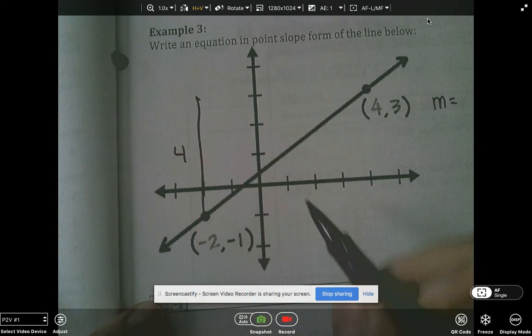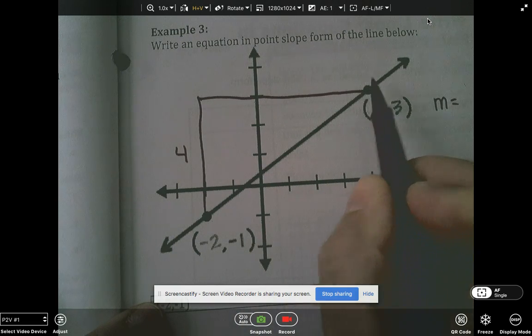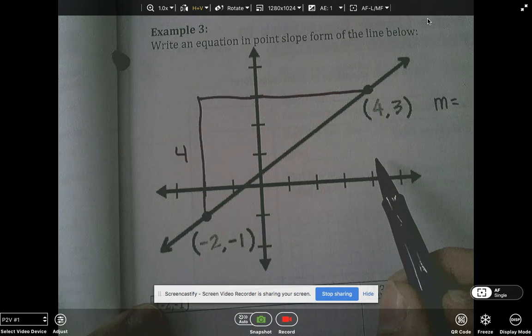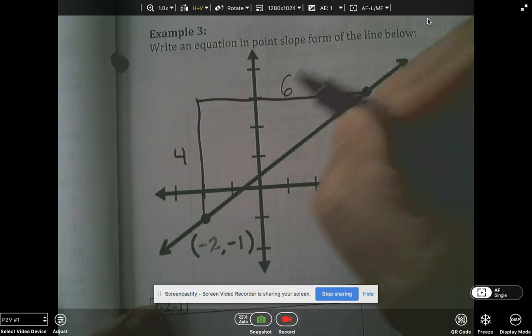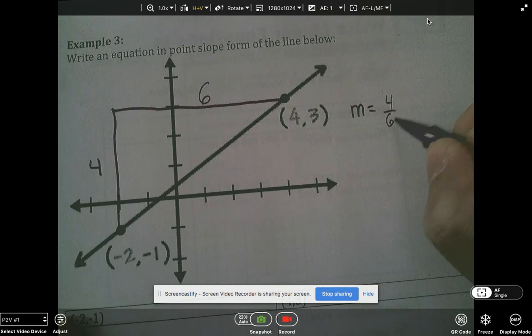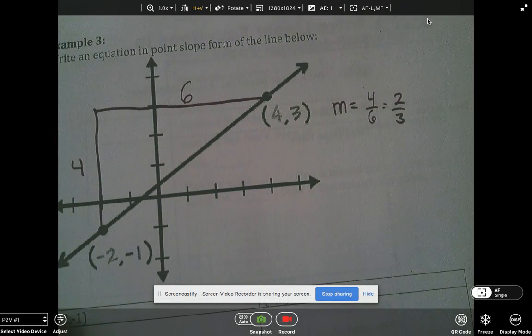Hopefully you said 4. And then it runs here, so this is my rise over run from -2 to +4, is how much? 6. So my slope here is 4/6, which reduces to 2/3. All right, and the next part, now we need to figure out a point to use.